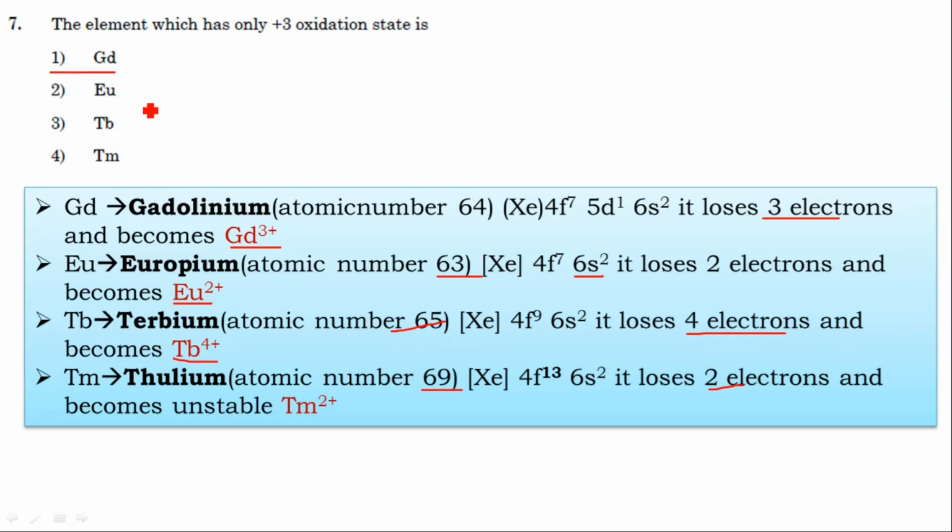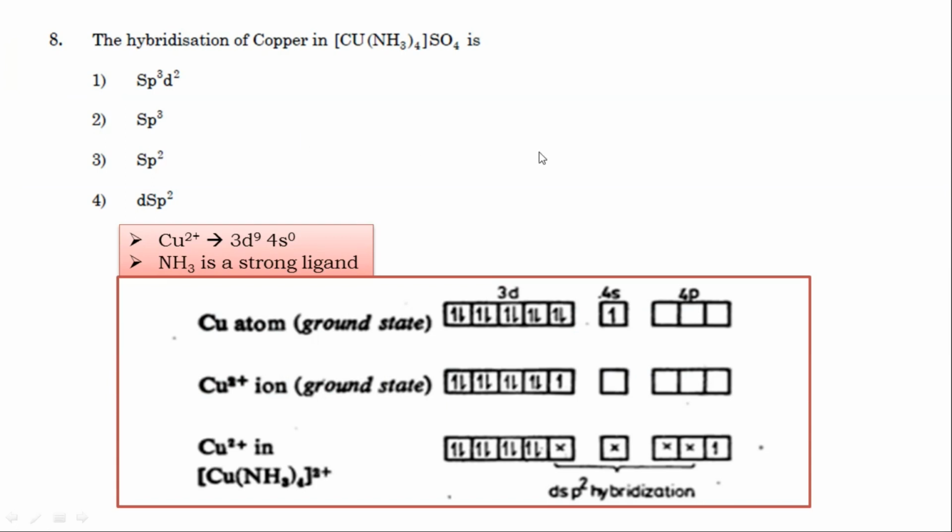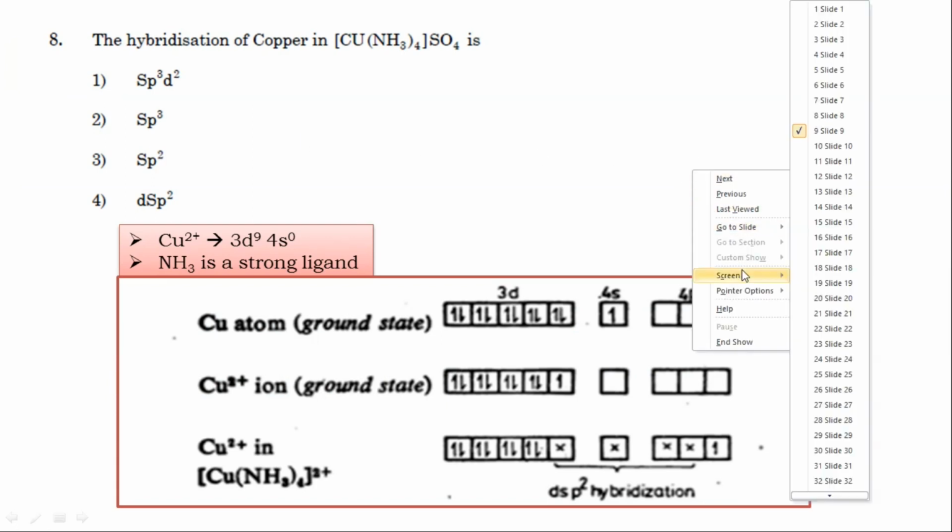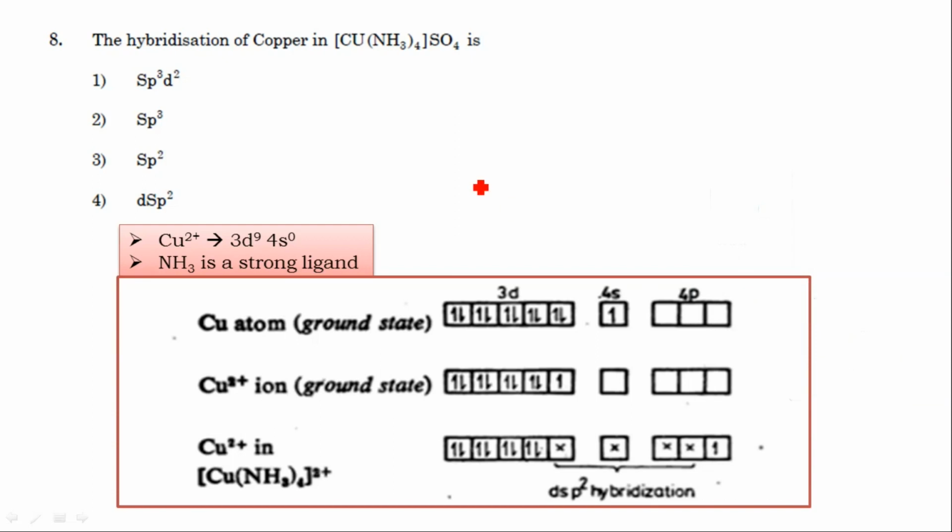Next, the hybridization in this copper complex. What is the hybridization here? Here Cu2+ has a 3d9 4s0 configuration, and the ligand is NH3. NH3 is a strong ligand. So take the copper atom, Cu2+: 3d9, 4s0 and 4p0.